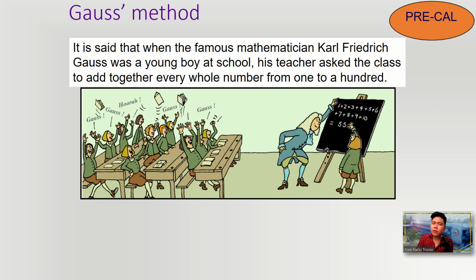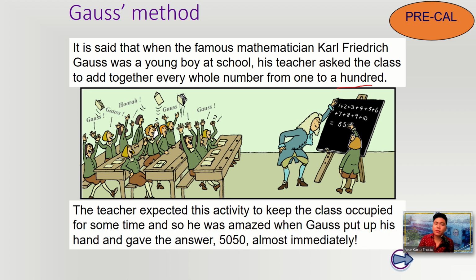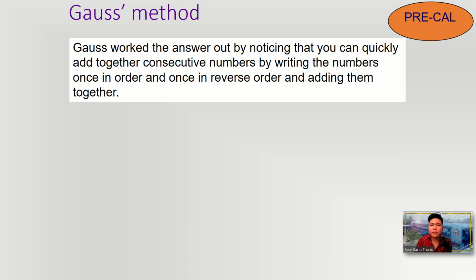Here, they are tasked to do 1 plus 2 plus 3 plus 4 plus 5 plus 6, up to 100. Can you do that? What do you think is the answer? It would take you a lot of time, so the teacher expected this activity to keep the class occupied for some time, and so he was amazed when Gauss put up his hand immediately and answered, 5050, sir. Wow. How was he able to do that?